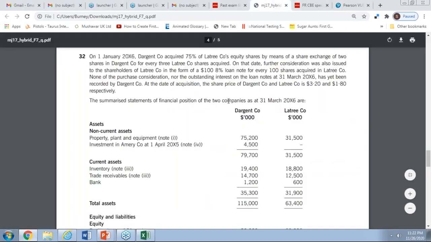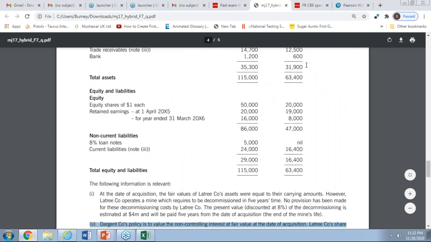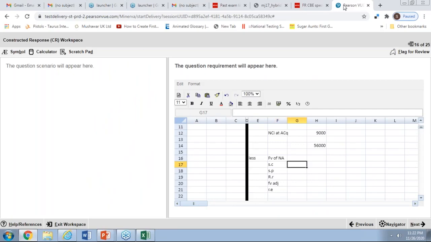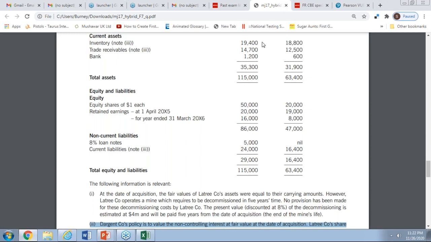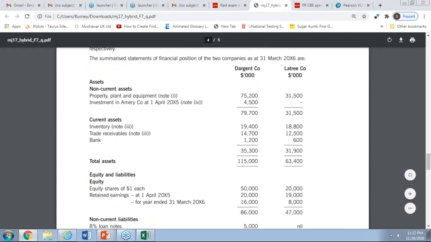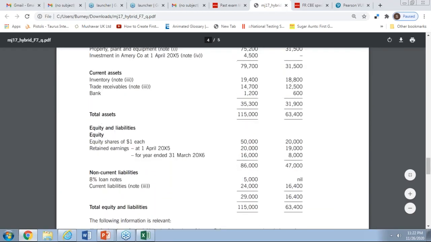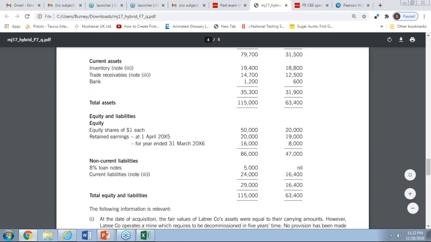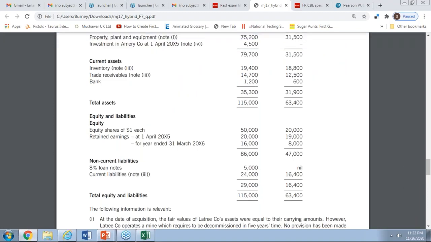Now the share capital has a value of 20,000. There is no share premium here. Okay, the retained earnings. We acquired the shares in the subsidiary company on 1st January 2016, so April, May, June, July, August, September, October, November, December. You have to add 8 months' profit to the retained earnings.